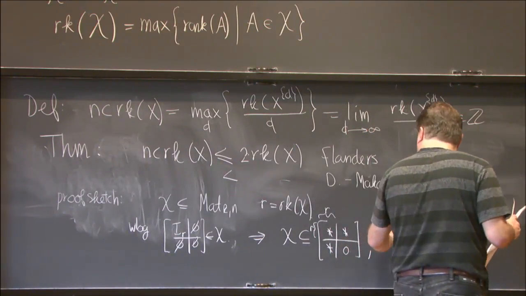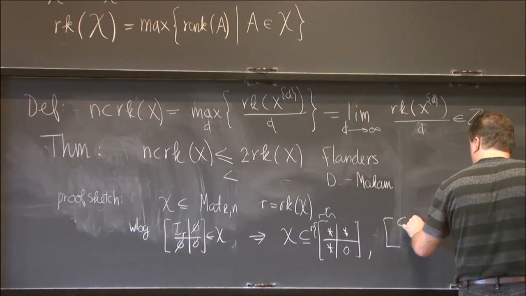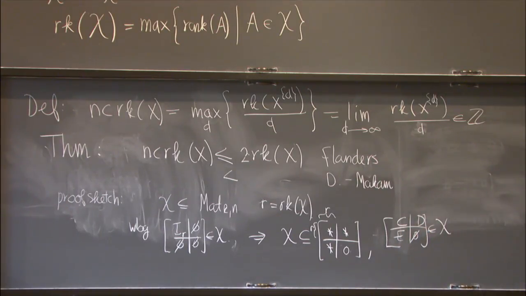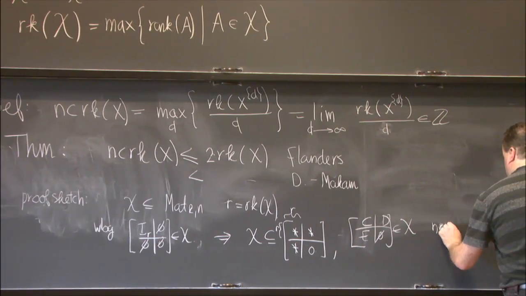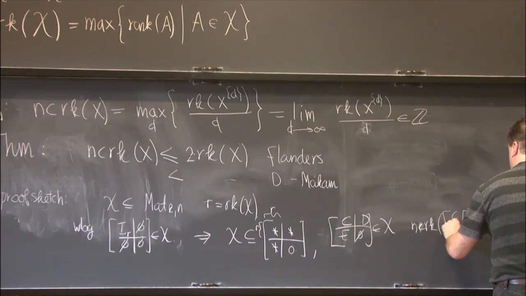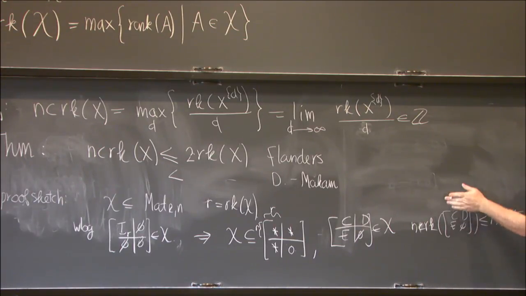Now, if we have some matrix in X of the form C, D, E, then the non-commutative rank of this matrix is less or equal than, and this inequality is straightforward, the non-commutative rank of this matrix plus the non-commutative rank of that matrix.